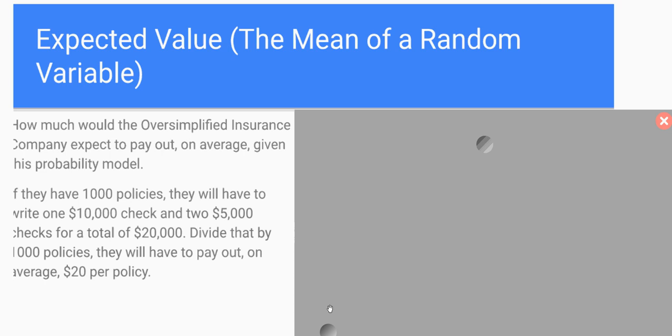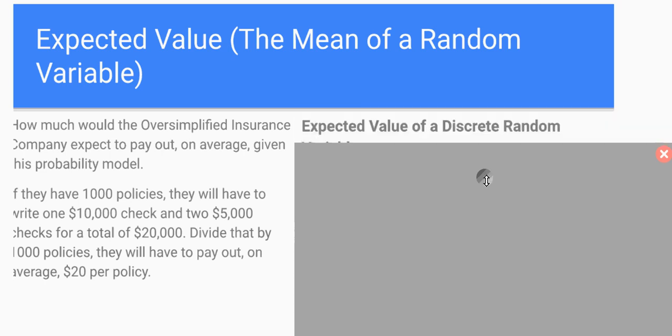We're going to divide that by 1,000, and on average, for every policy, they're going to average $20 to pay out. No one is ever going to get a check for $20 from this company. They're either going to get a check for 10,000, 5,000, or 0. But if the company were to average them all out, it would be $20.